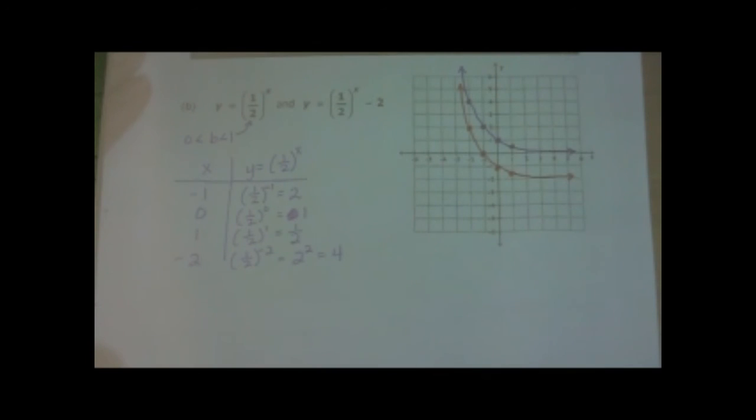All right, so the one in blue is y equals 1/2 to the x power. And the one in red is y equals 1/2 to the x power minus 2.